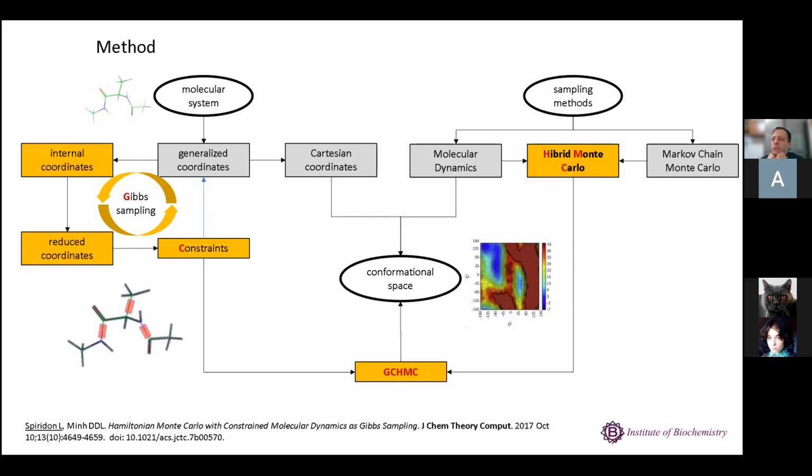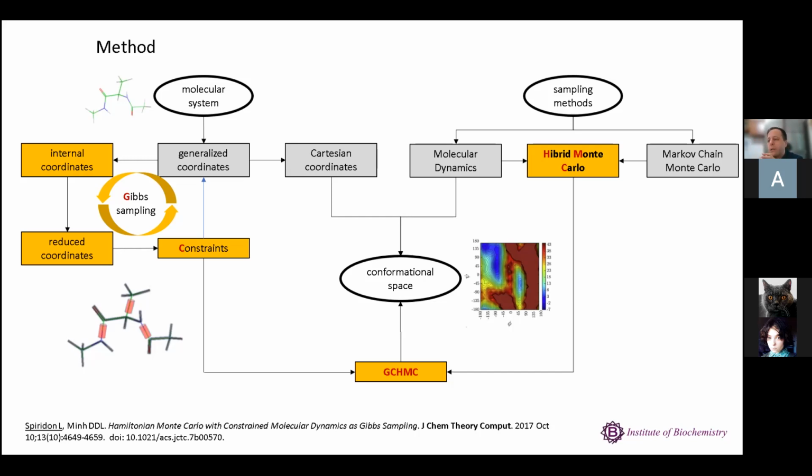And now, in these internal coordinates, let's try to impose some constraints. And the way to impose some constraints is either by using maximal coordinates, where you have all your coordinates, all your dimensionality, and just add some new equations, usually in the form of Lagrange multipliers, and then solve the constraints.